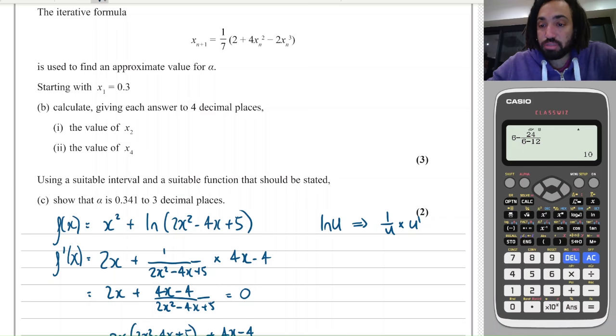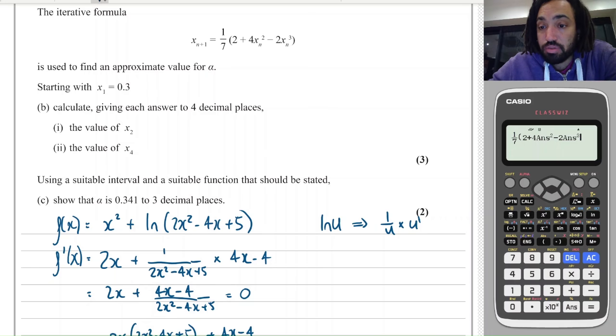My top tip for this is start off by putting in x1, press equals, and then type into your calculator the function, which in this case is 1 over 7, open brackets, 2 plus, and then whenever you see an x to the n, you just type the answer button, and that will use the previous answer, which we set to be 0.3. And then minus 2, again answer, and then cubed.